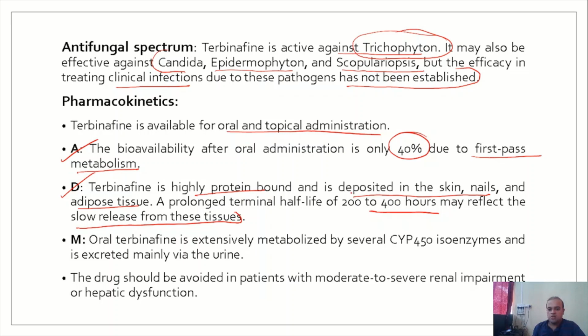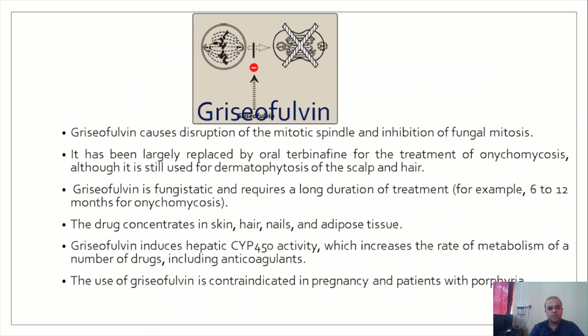So you see, the half-life is very long. Metabolism: it is extensively metabolized by several CYP450 isoenzymes and is excreted mainly via the urine. So the drug should be avoided in patients with moderate to severe renal impairment or hepatic dysfunction.